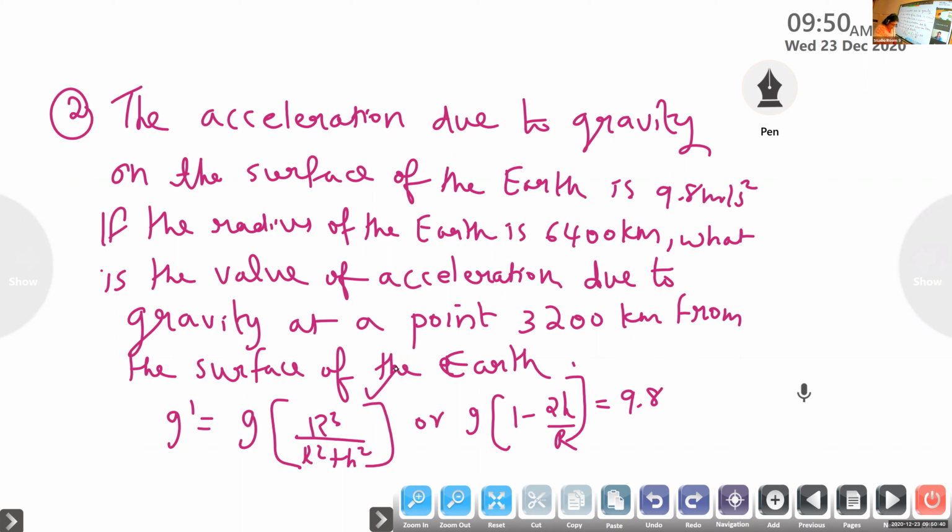So g, 9.8, into 6,400 square divided by 6,400 plus 3,200. Add both of them and then you take the square.